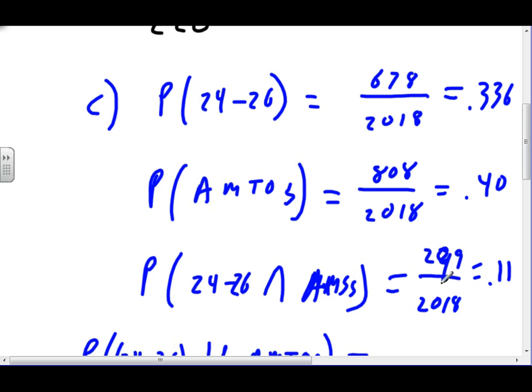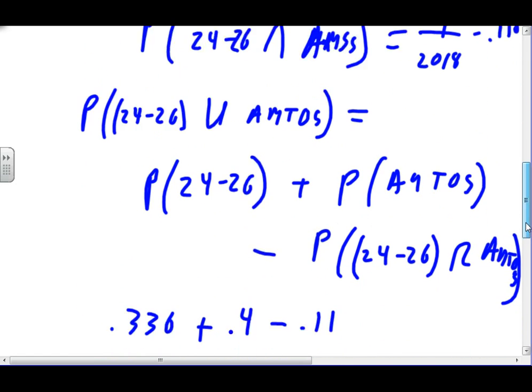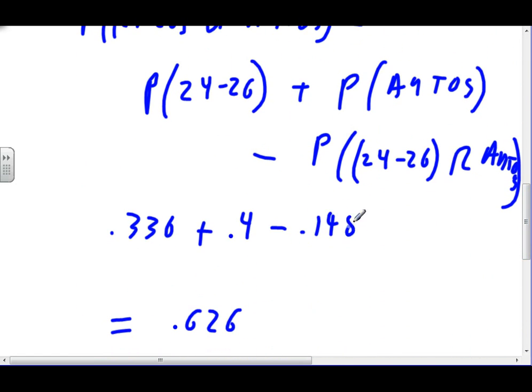Your answer would be 0.148, 0.15, and then come down here, 0.588, which is exactly what we got going the other way.